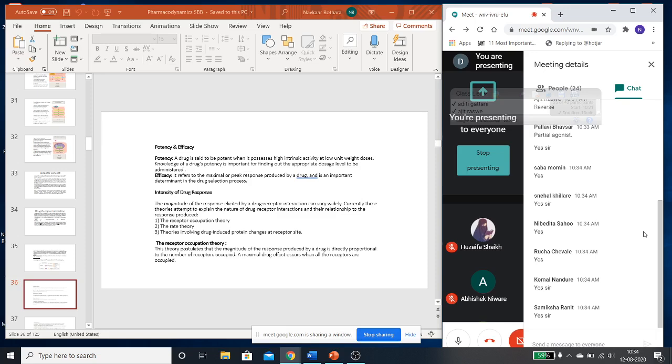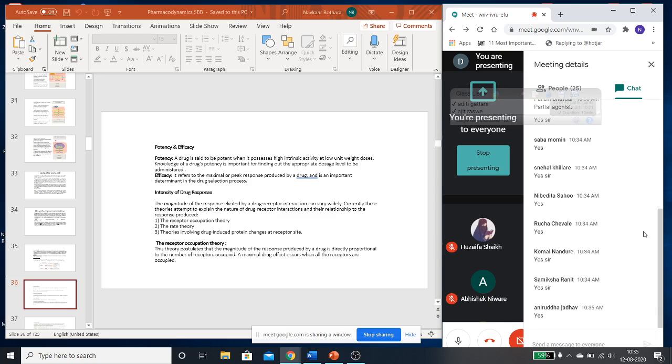So this is the explanation about potency and efficacy. These terms are very, very commonly used. Always, wherever you are in this field, terms like agonist, antagonist, potency, efficacy will be very commonly used, and you should be aware of them.